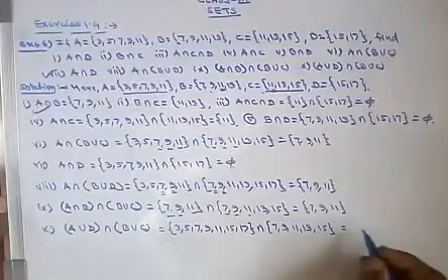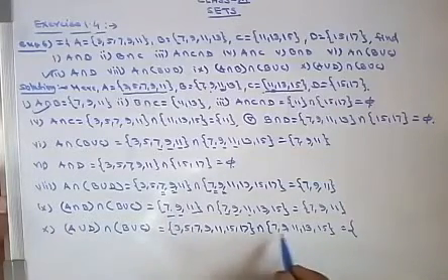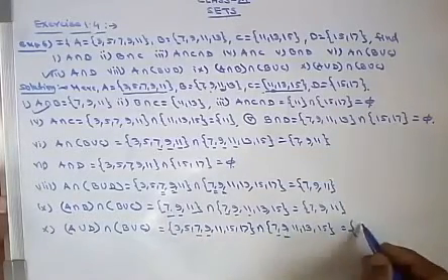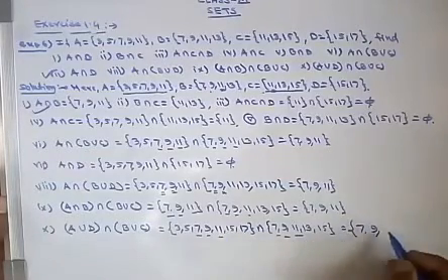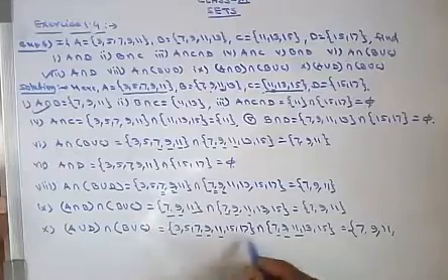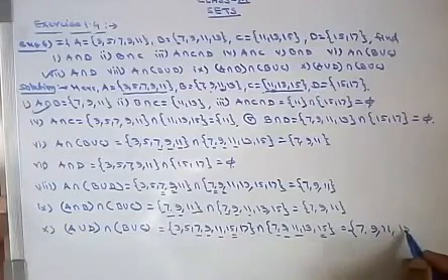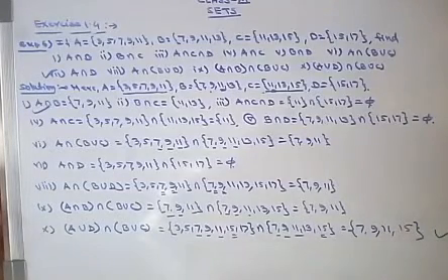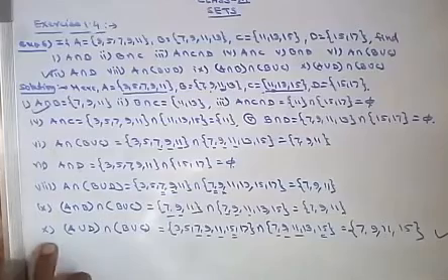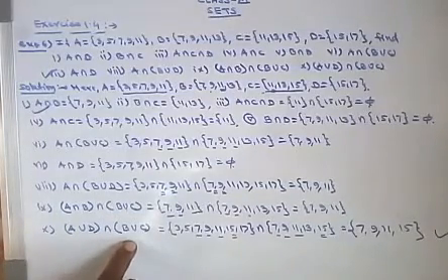Now take the intersection of this. 3 is not there, 5 is not there. 7 and 9 are there. 11 is also there. 13 is not there, 15 is there, 17 is not there. So this is 7, 9, 11, 15. This is A union D intersection B union C. Okay, students.